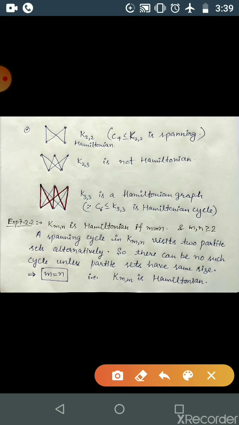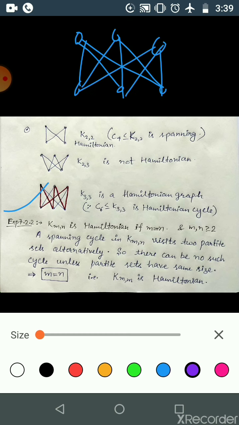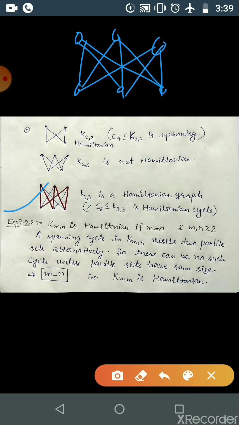What about K33? Come to this graph. K33 has 3 vertices in each partite set, and every vertex is adjacent to all the vertices of the other partite set. Can you find C6 here? Because the order of this graph is 6. This is K33, correct? Can you find C6 here? Yes, we can. So let's try this one, this one, this one, then this one, correct?